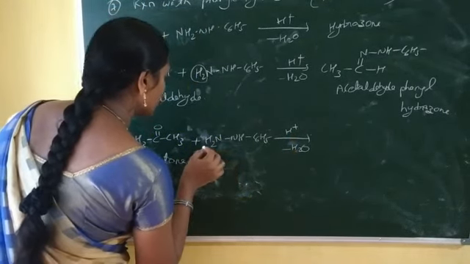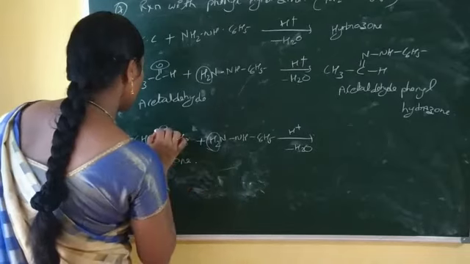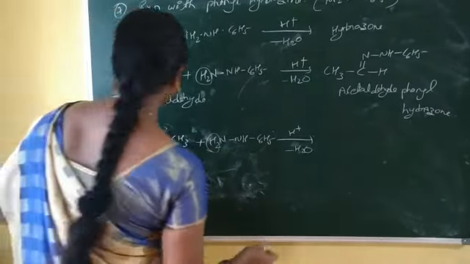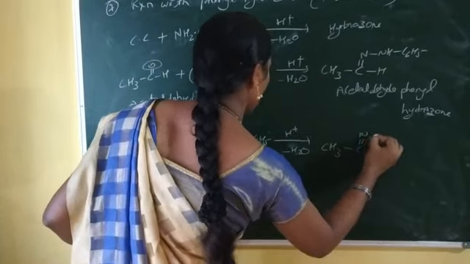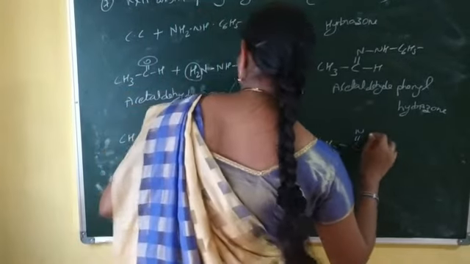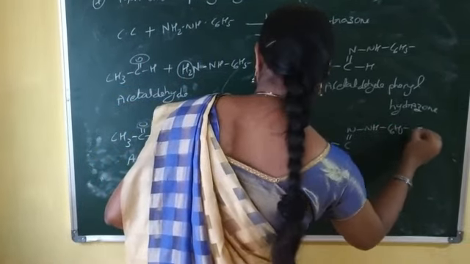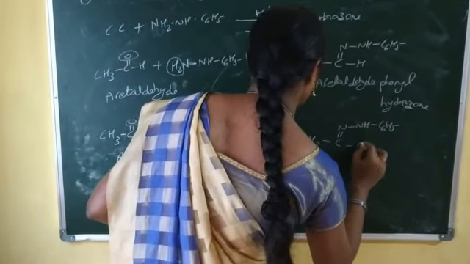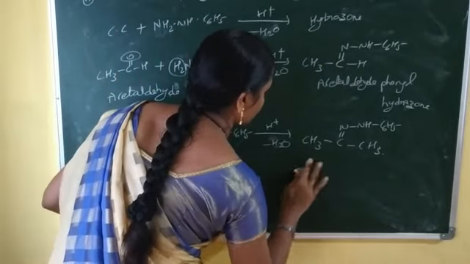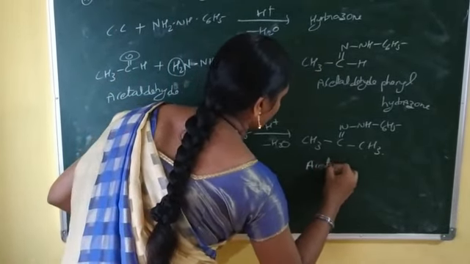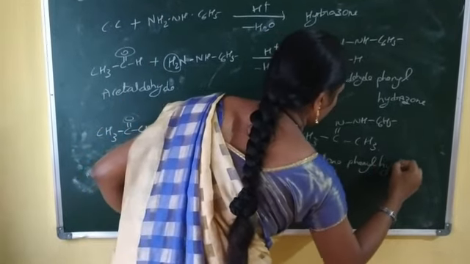Hydrogen is eliminated from phenylhydrazine and oxygen from acetone, forming a water molecule. The product name is acetone phenylhydrazone.